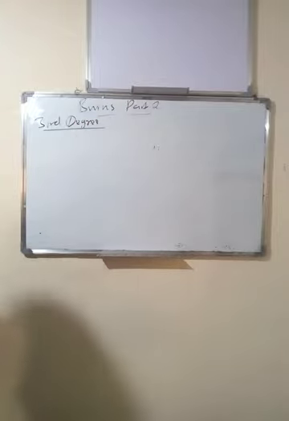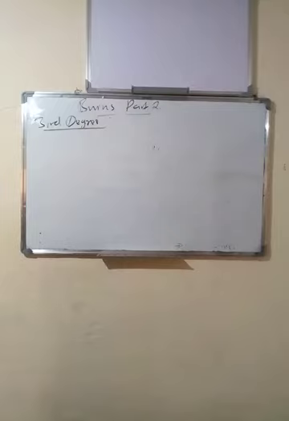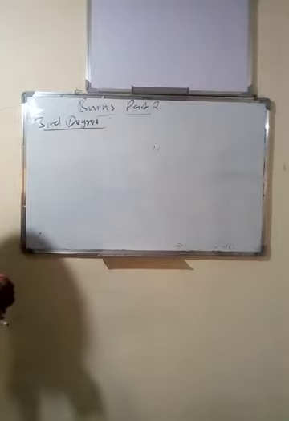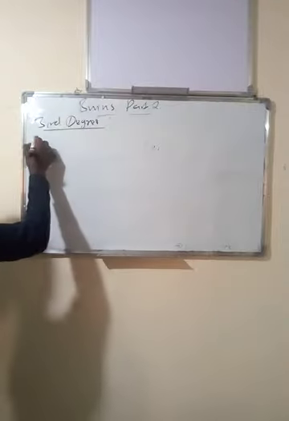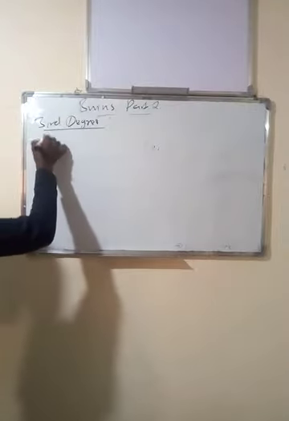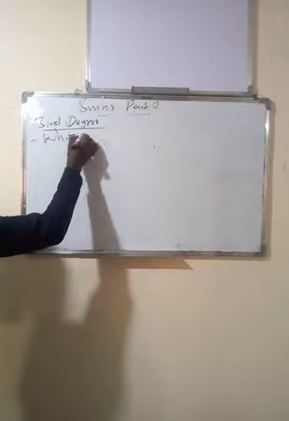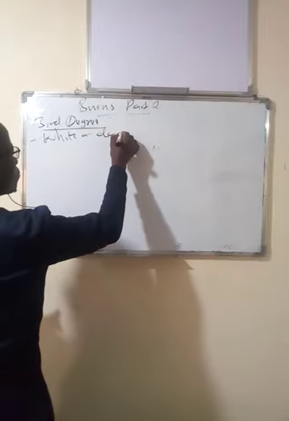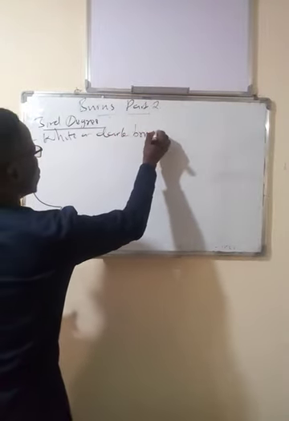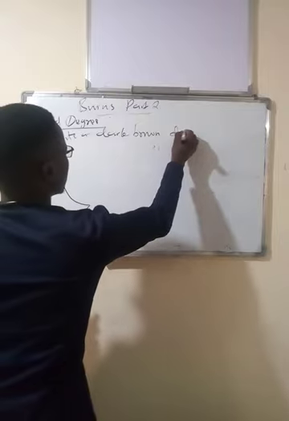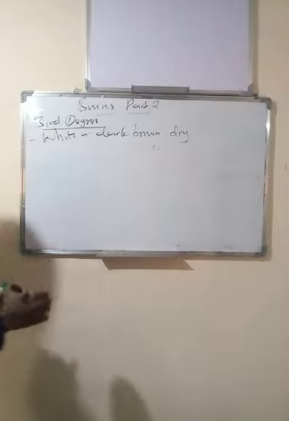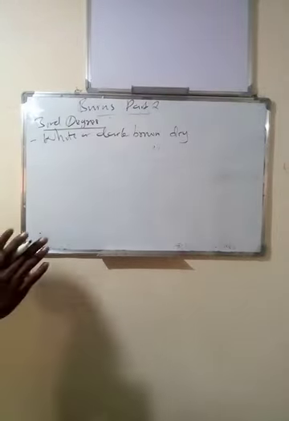With the third degree burns, the skin is going to look whitish or dark brown, and dry.